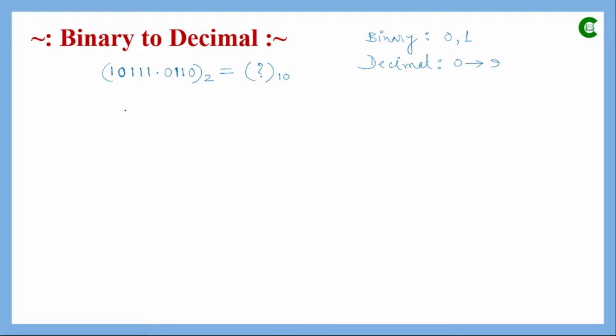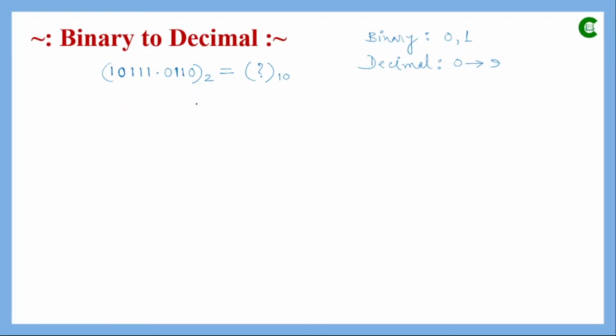In this binary number, we can see it has a decimal point, and before that it has an integer part and after the decimal point it has a fractional part. So we will be converting the integer and fractional part separately.